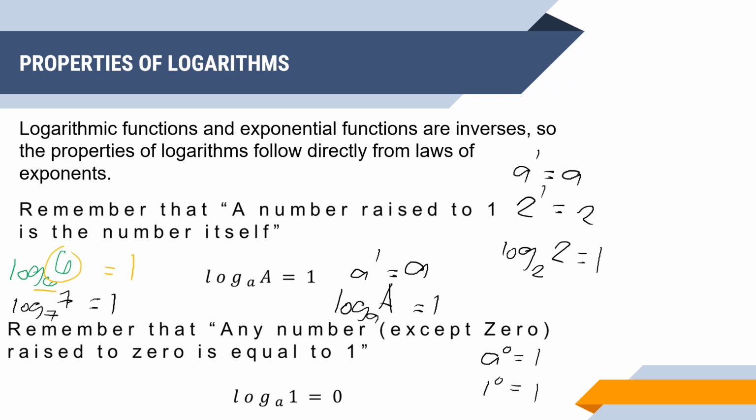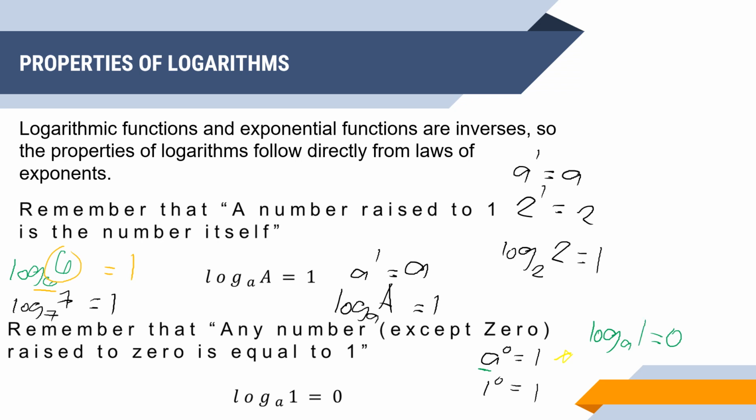If we rewrite this into logarithmic form, our base is a, so log base a, and our exponent is 0, so that is equal to 0, and after the equal sign is 1.